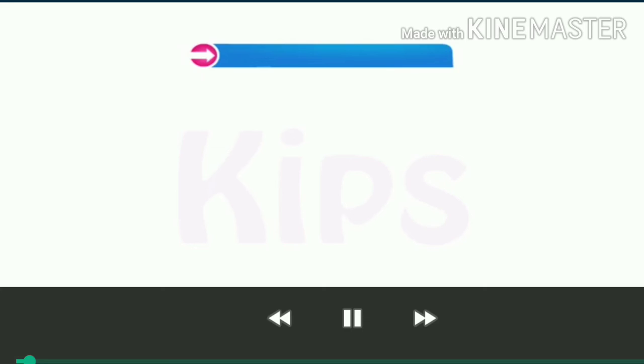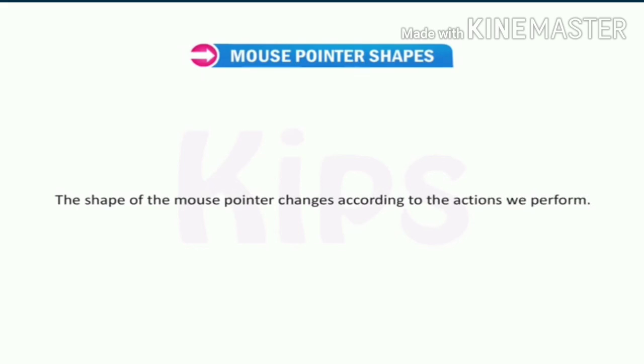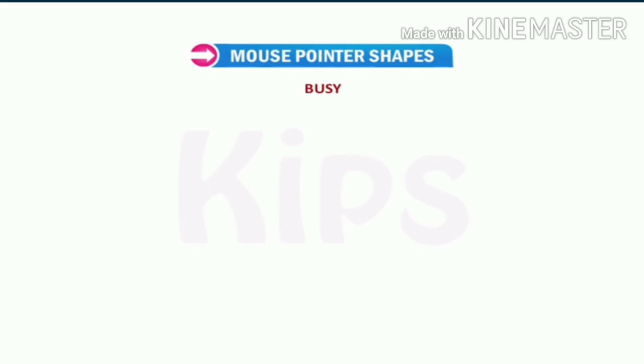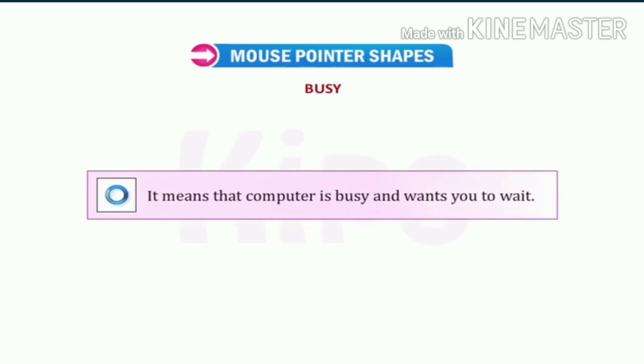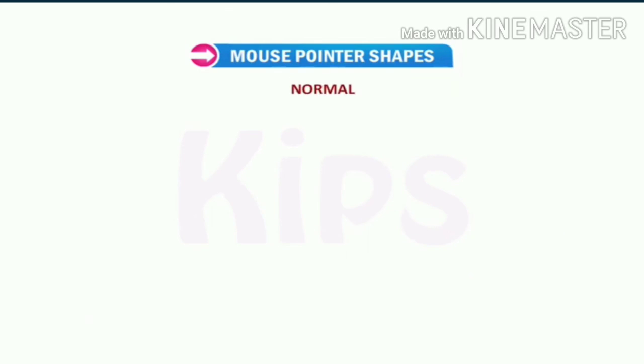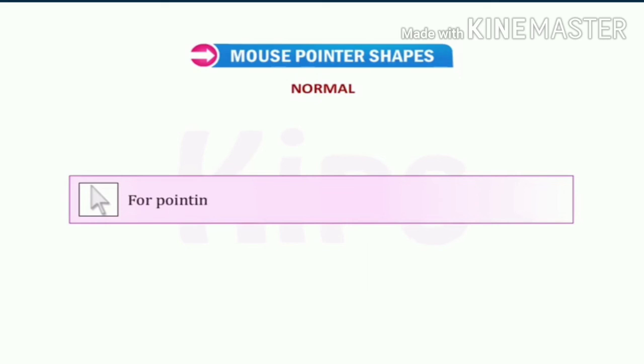Students, let me tell you about mouse pointer shapes. The shape of the mouse pointer changes according to the actions we perform. Busy: it means that the computer is busy and wants you to wait. Normal: for pointing, selecting and dragging the items on the screen.